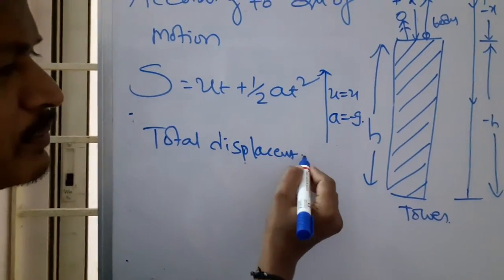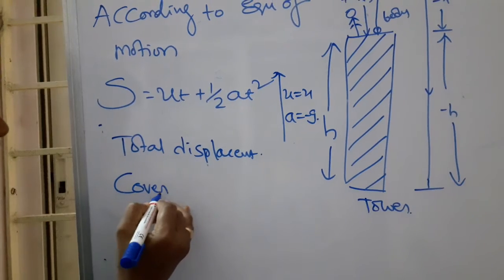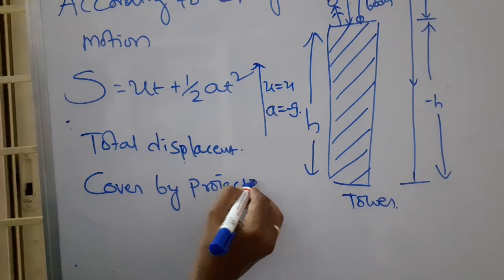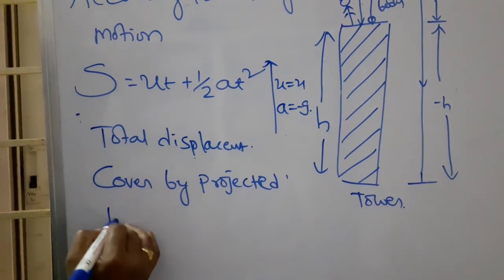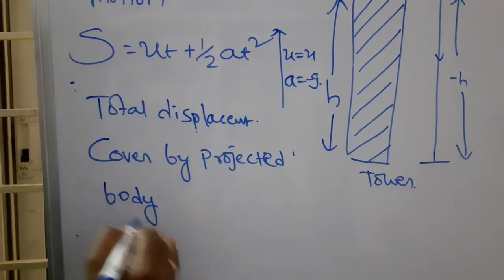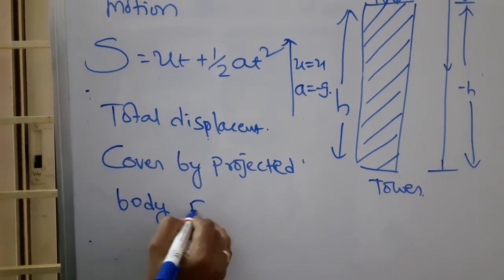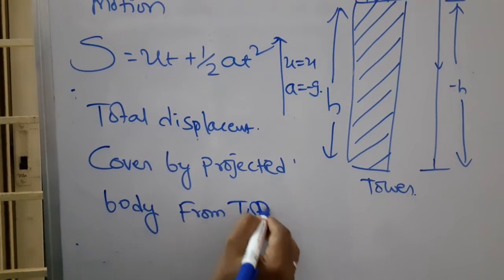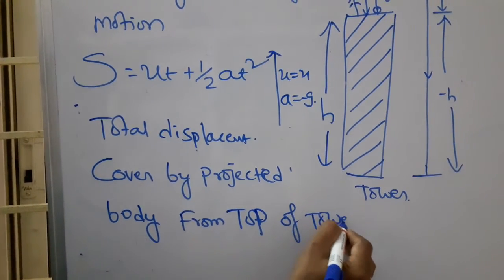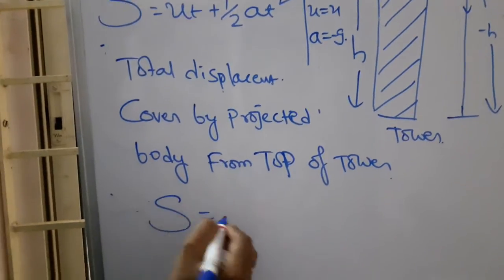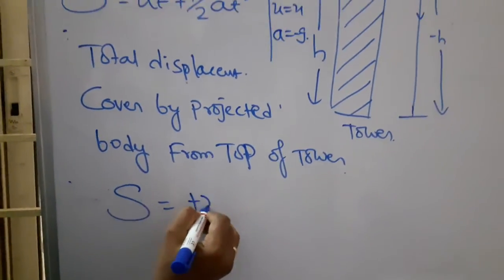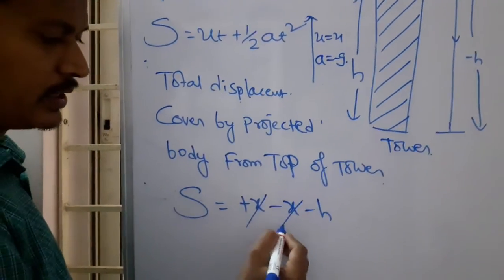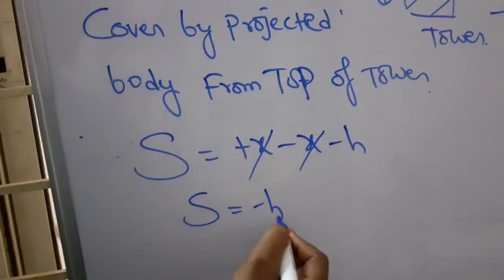Then what is the total displacement covered by the projected body from the top of the tower? S is equal to +h, next -h, minus of h, get cancelled, S is equal to -h.